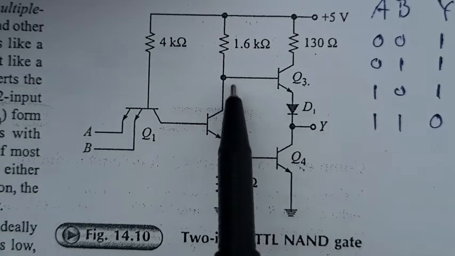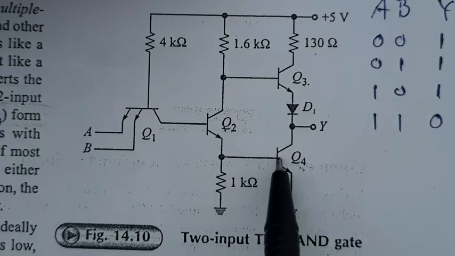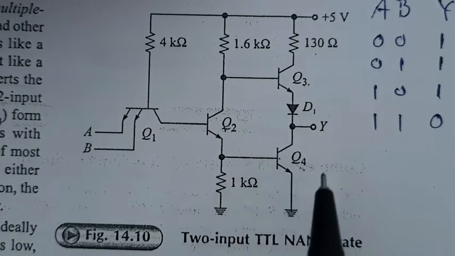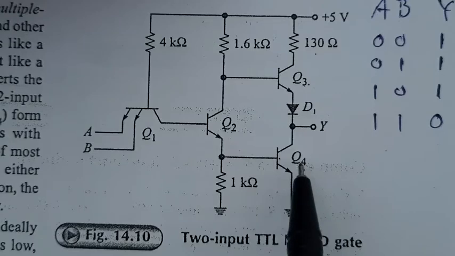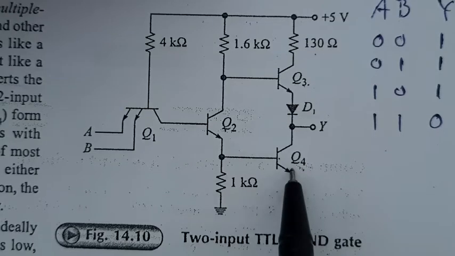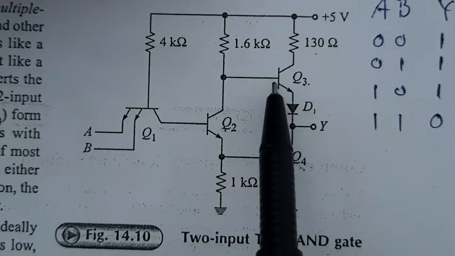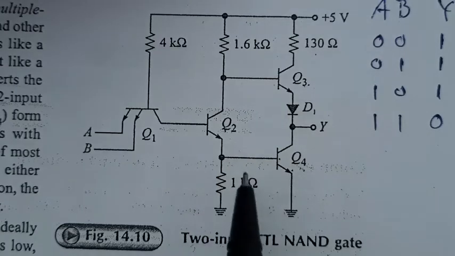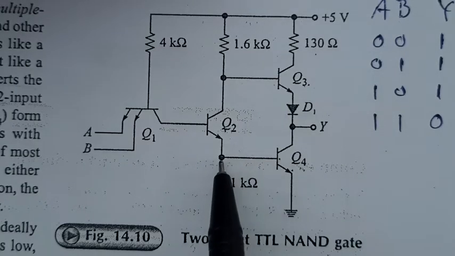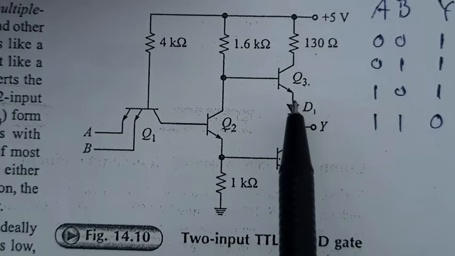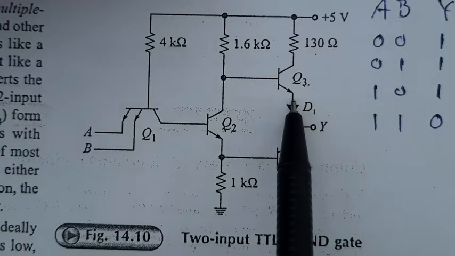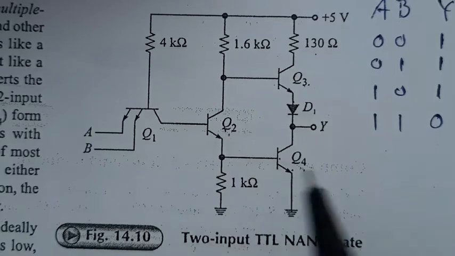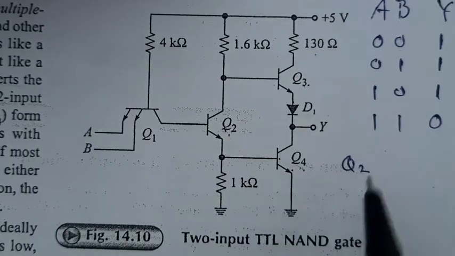Therefore, the current will flow along this direction, and so that the transistor Q4 will be on. Obviously, the base of transistor Q3 is pulled down at a particular low value of voltage compared to the emitter of transistor Q3.